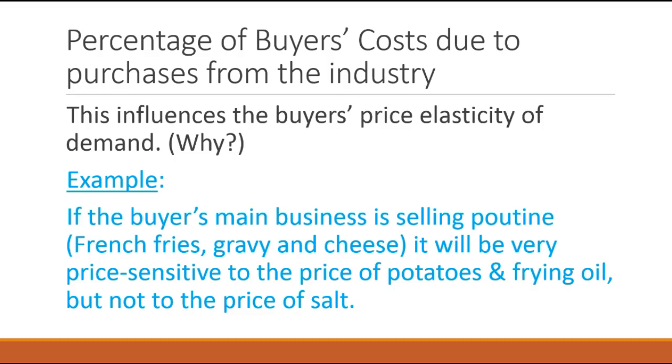Well, if the buyer is in the business of making and selling that, you would expect that a large part of their costs are going to go into, I suppose, labor, which I haven't mentioned here, but also materials like potatoes and the oil that they fry the potatoes in. But other things, maybe salt and pepper and some other small ingredients, might not be very important. So we would expect that the price sensitivity for these particular inputs would be large for these things, but perhaps small for something like salt.